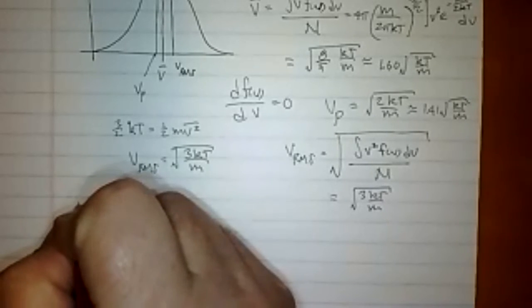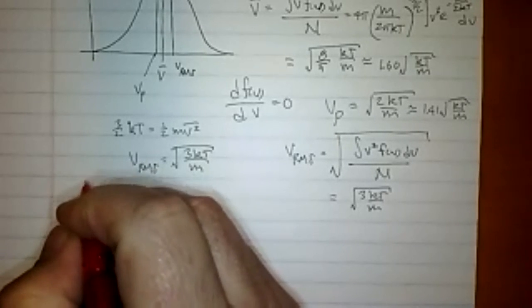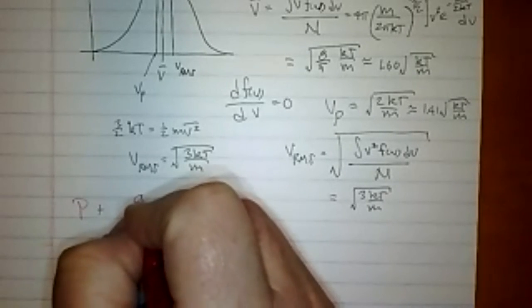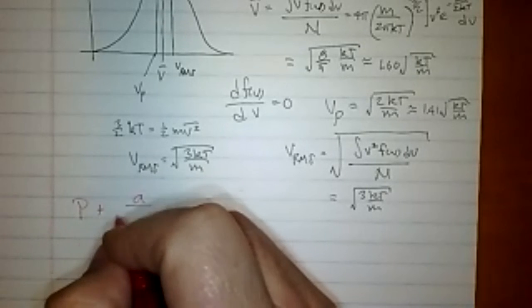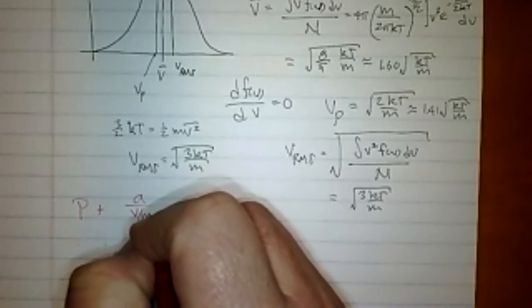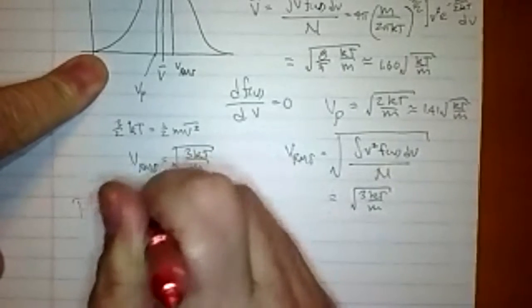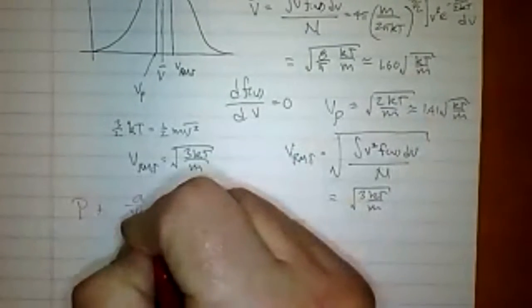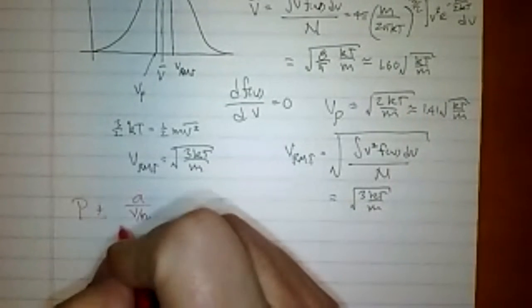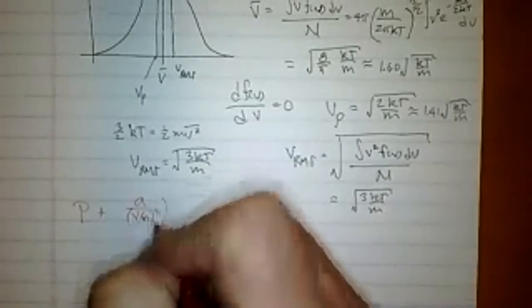For instance, there is van der Waals equation, which says that P plus a over, in this case, I'll use volume divided by the number of moles, squared.